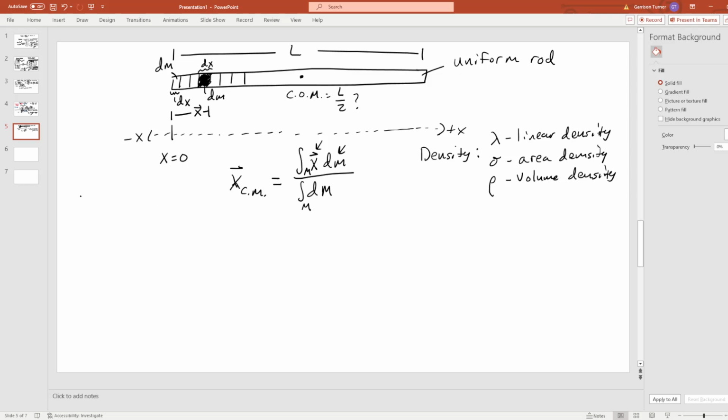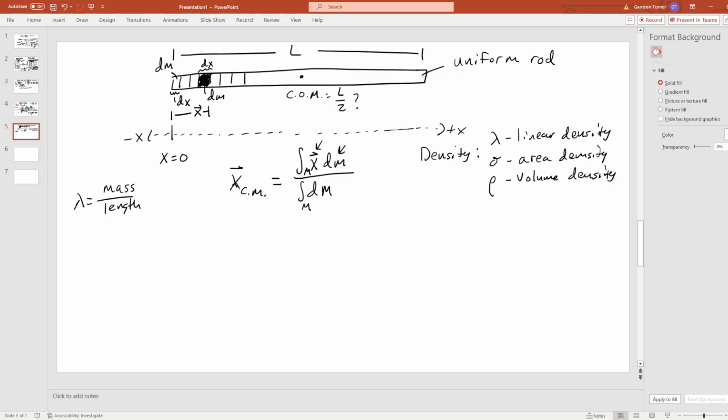Remember what density means: mass per unit spatial unit. Most of us are familiar with the volume density, mass per unit volume, which is 3 spatial units, or cubic spatial units. Whereas a linear mass density we're going to define to be the mass per unit length.